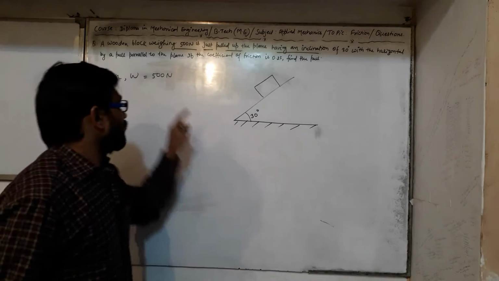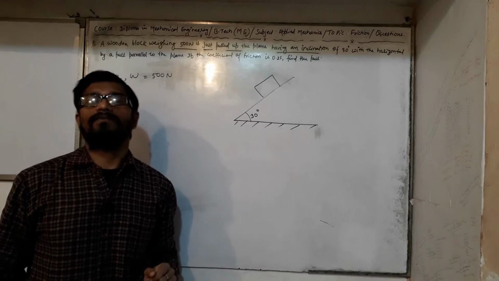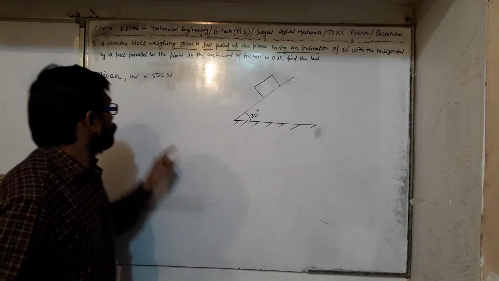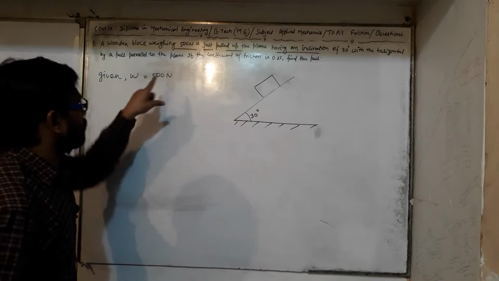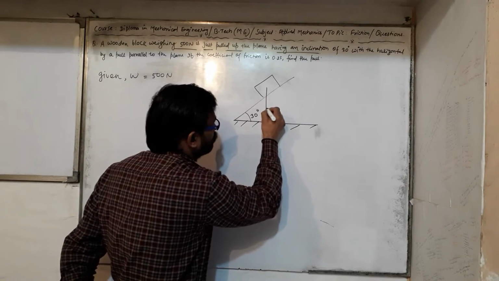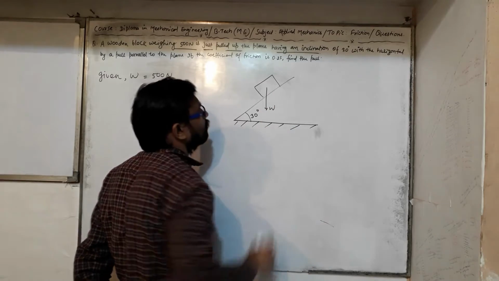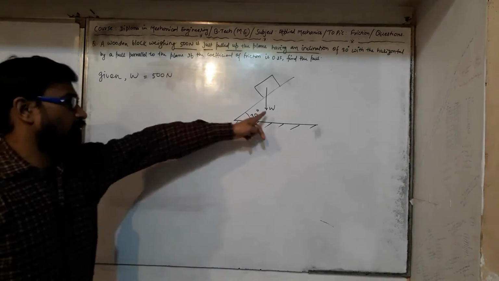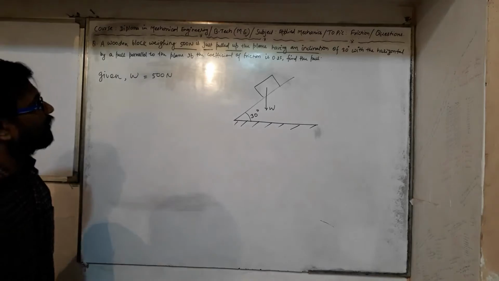As you know, weight is the force of gravity, so this force acts in the downward direction. W is the weight, the force acting on this body.